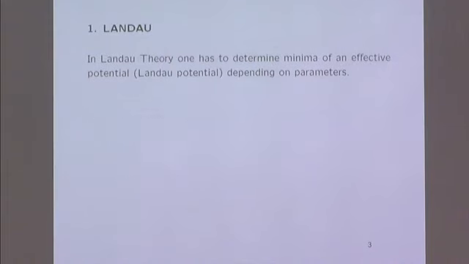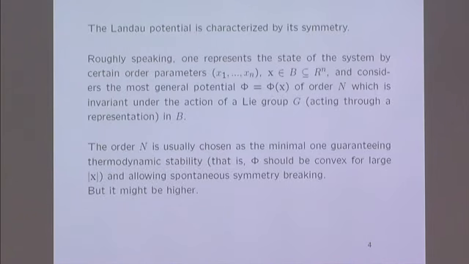In Landau theory, what we have to do is to find the minima of an effective potential, the Landau potential. And this potential depends on parameters which govern the phase transition and so on. The Landau potential is characterized by the symmetry.